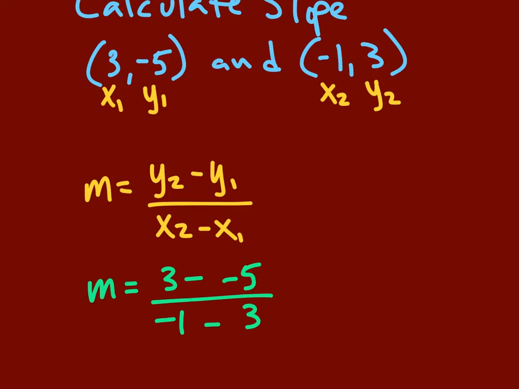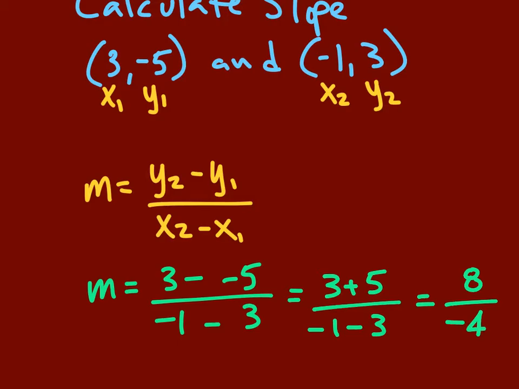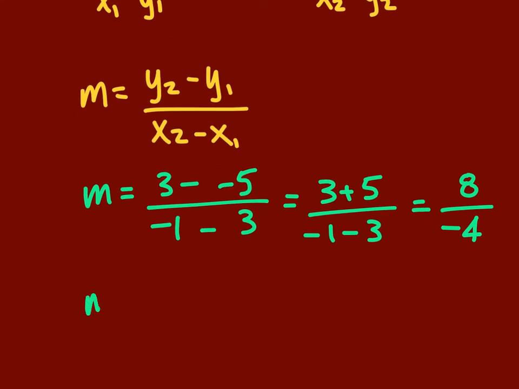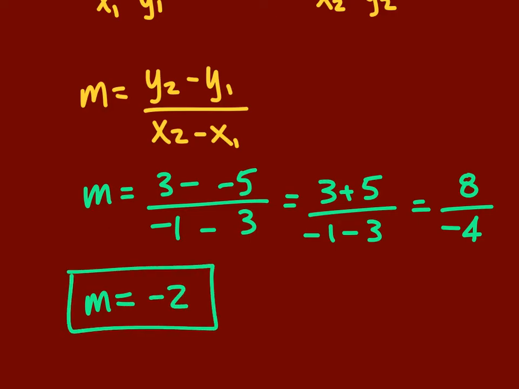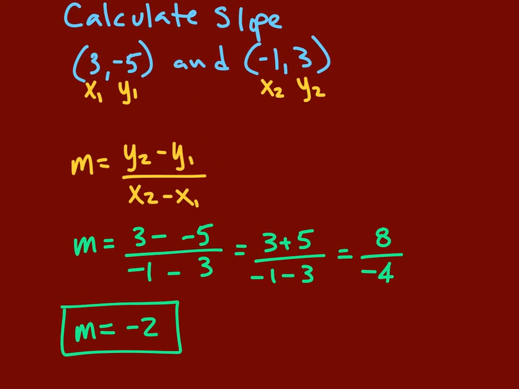All right, so I'm going to evaluate this and rewrite this. 3 minus negative 5 is really 3 plus 5, and negative 1 minus 3 stays the same. Now 3 plus 5 gives me a value of 8, and negative 1 minus 3 gives me a value of negative 4. Now I can divide negative 4 into positive 8, and that's going to give me a slope of negative 2. All right, and guys, these are the same points from that previous example, okay?